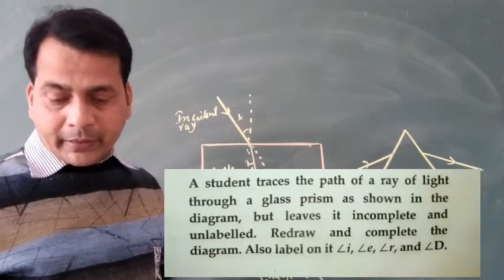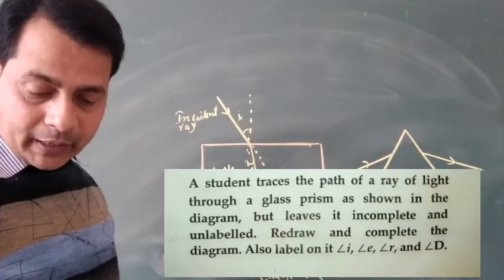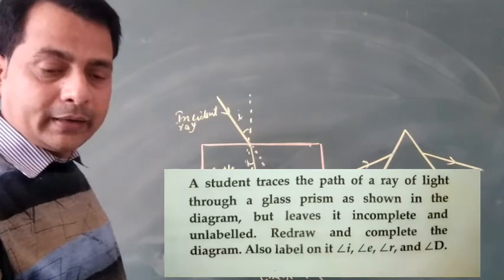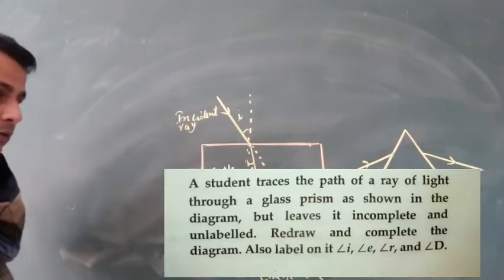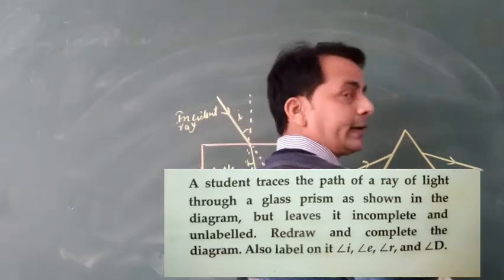Redraw and complete the diagram. Also label on it angle I, angle E, angle R and angle D. So here, draw the complete ray diagram.